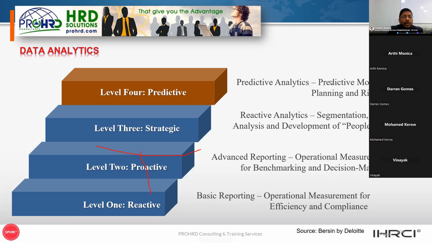The reactive level is about basic reporting, operational measurement, efficiency and compliance. It gives you accurate data, but beyond that, nothing. It's not helping you. In the second level, proactive, you get advanced reporting and operational measurement for benchmarking and decision making.